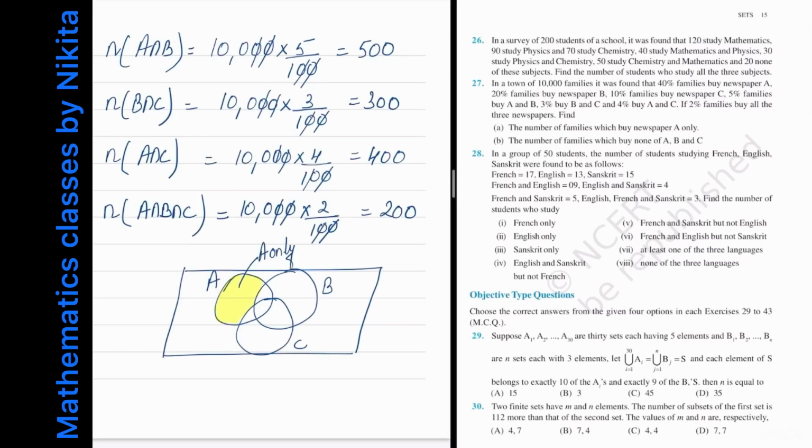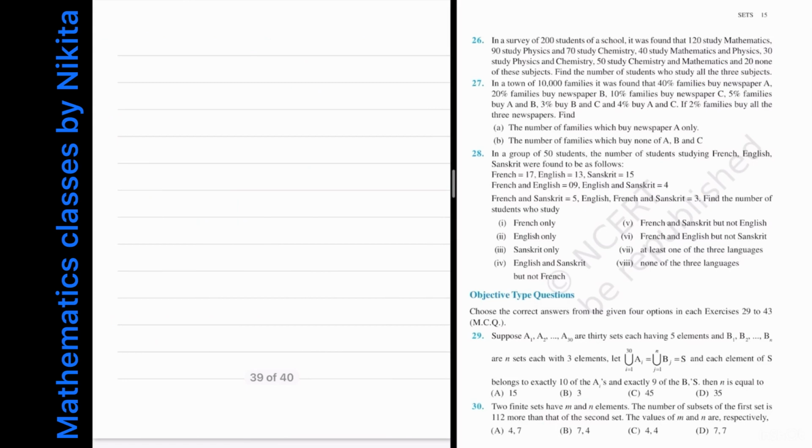Now how to find A only? अब A only find करने के लिए what you have to do is n of A के अंदर से आपको एक बार ये subtract करना पड़ेगा A intersection B, then आपको एक बार ये subtract करना पड़ेगा A intersection C, plus you have to add A intersection B intersection C. So this is how you have to find A only. So let's do it now.